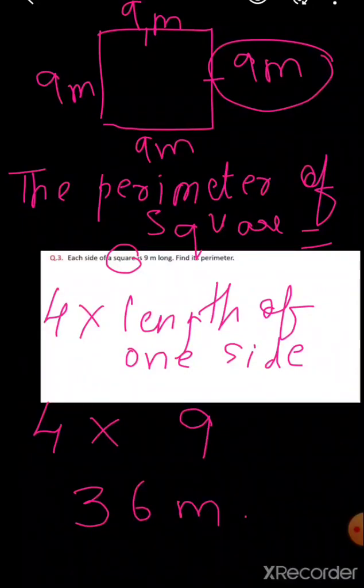Therefore the perimeter of the square is 36 meters.